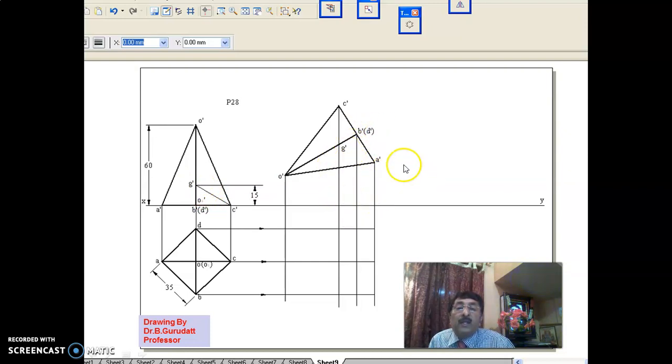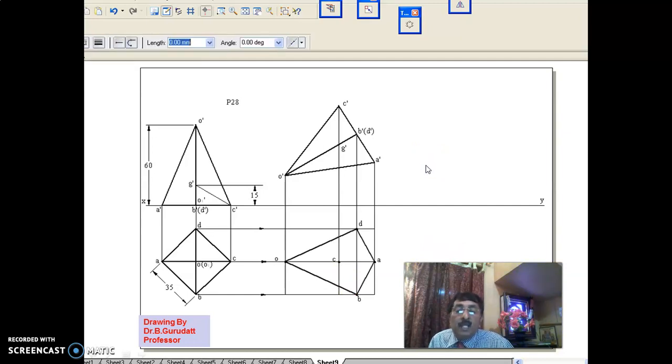Now it is hanging in the space, hung at corner C dash. Once you make it to this position, the procedure remains same. Get all the points in the other view, and join the outer boundary of these points as usual. First step is over.